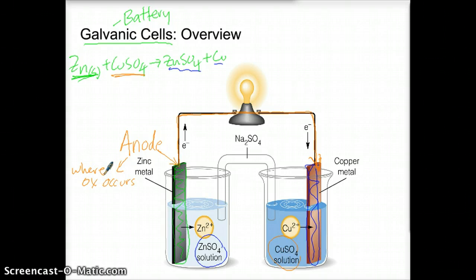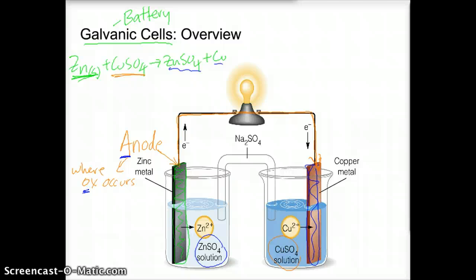The way that I like to remember it is anode and oxidation both begin with vowels. But you can also remember that anions are negatively charged and anodes are where oxidation is happening. They both begin with A's, if that helps you. Either way, it's a vocab word to know.